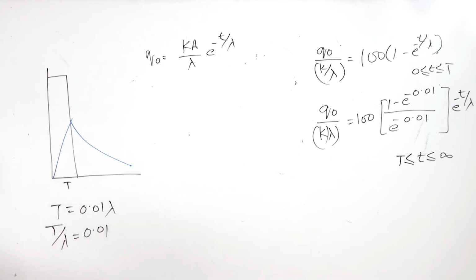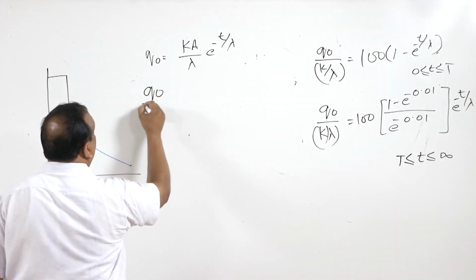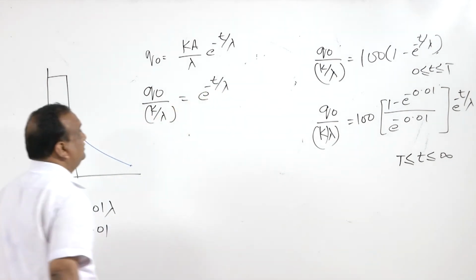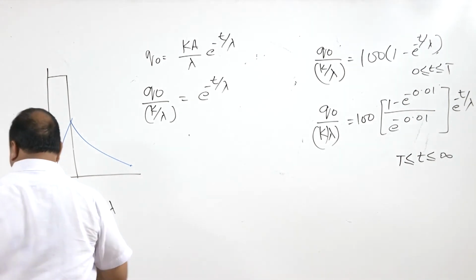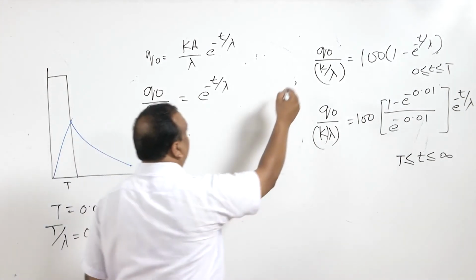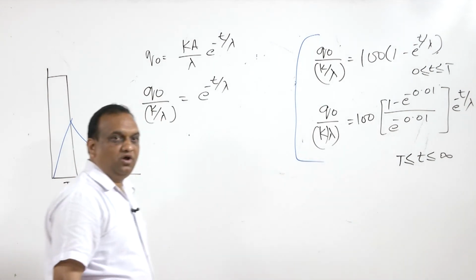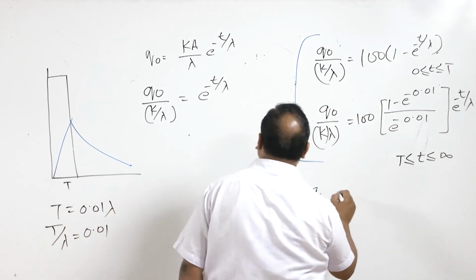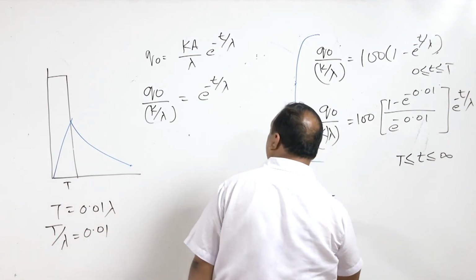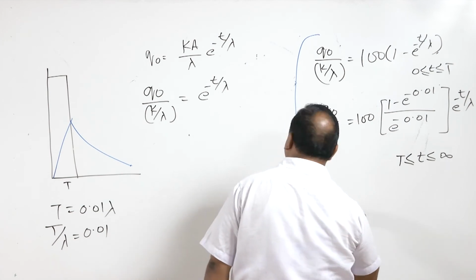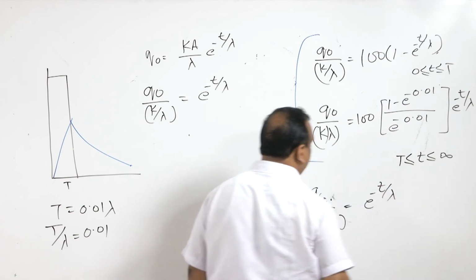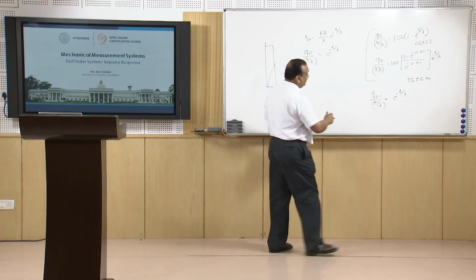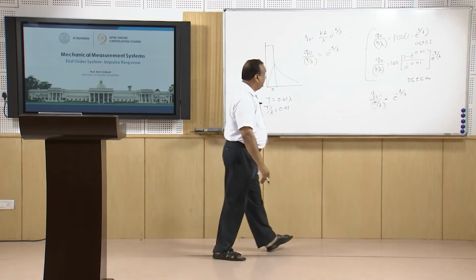And here, Qo by K by lambda is equal to e raised to power minus t by lambda. So either we get the solution out of this, or we take the solution by a single equation, that is Qo by K by lambda is equal to e raised to power minus t by lambda, or we can use this equation singly. So this equation is valid for the entire range.